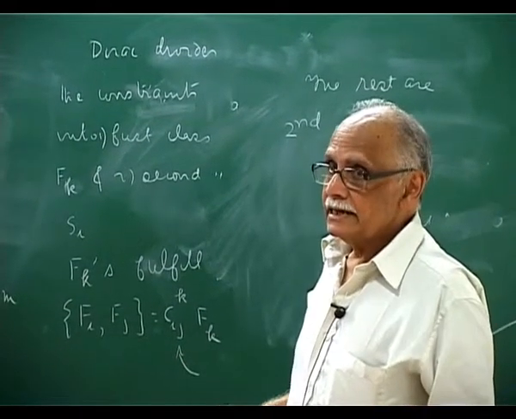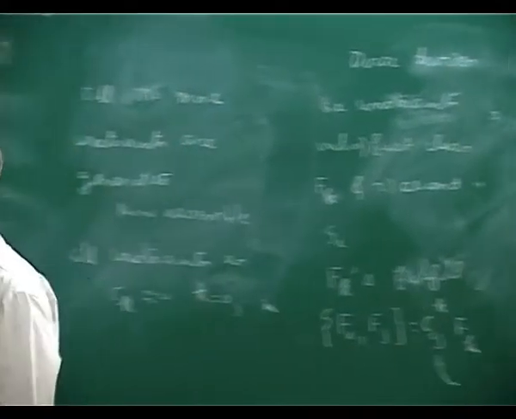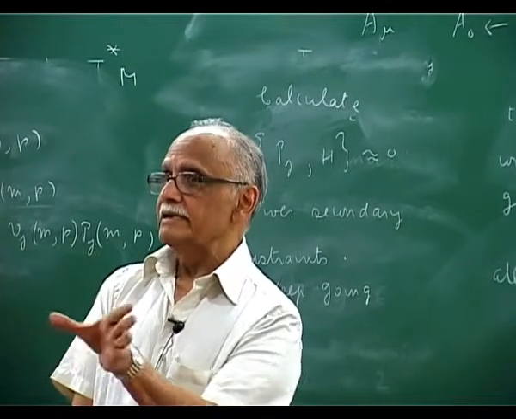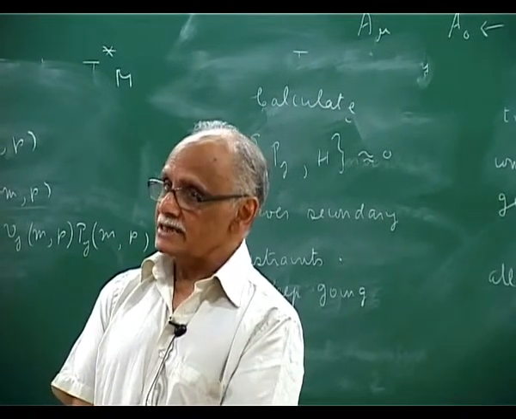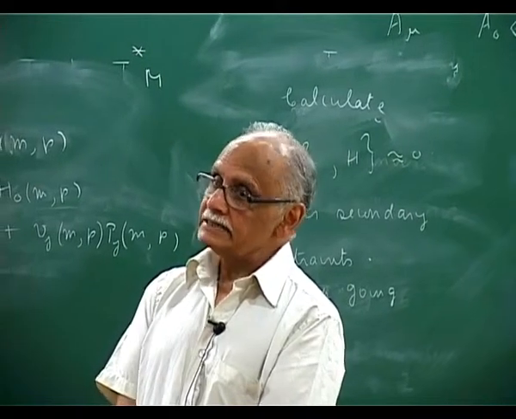I mean, it is true that in our case, they will be the structure constants. They will have a nice interpretation. They will be constants and have a nice interpretation. But in general, that's not true.